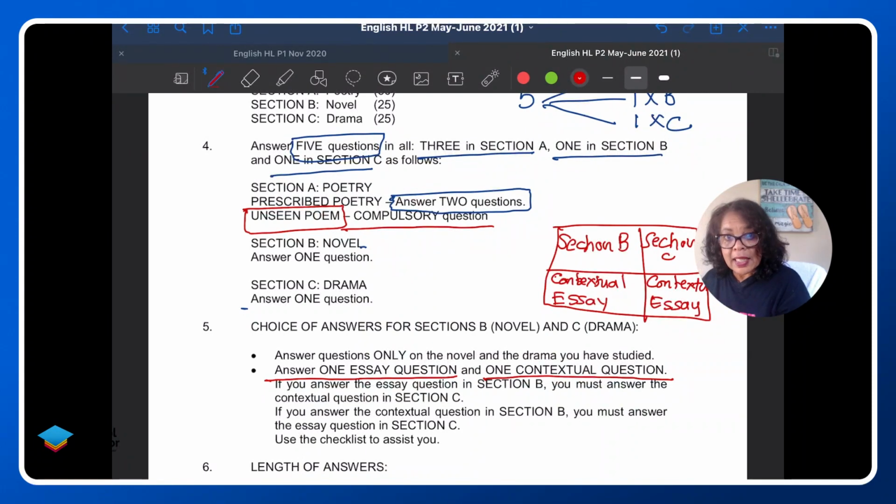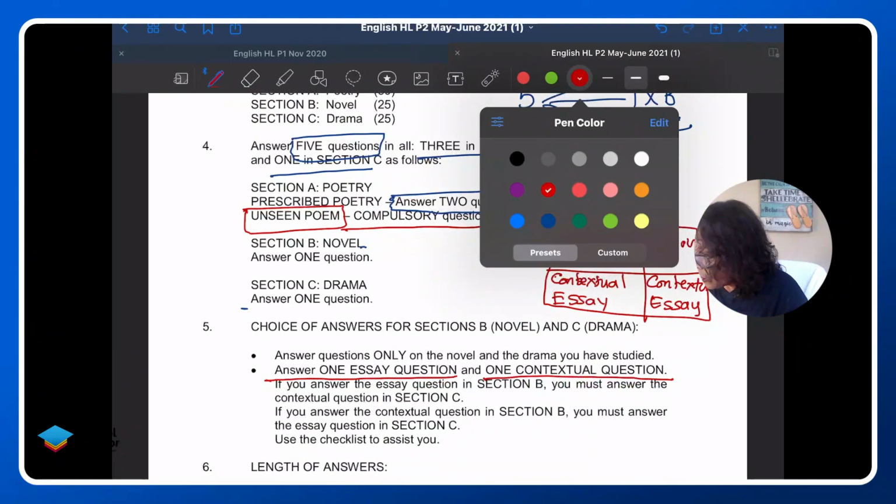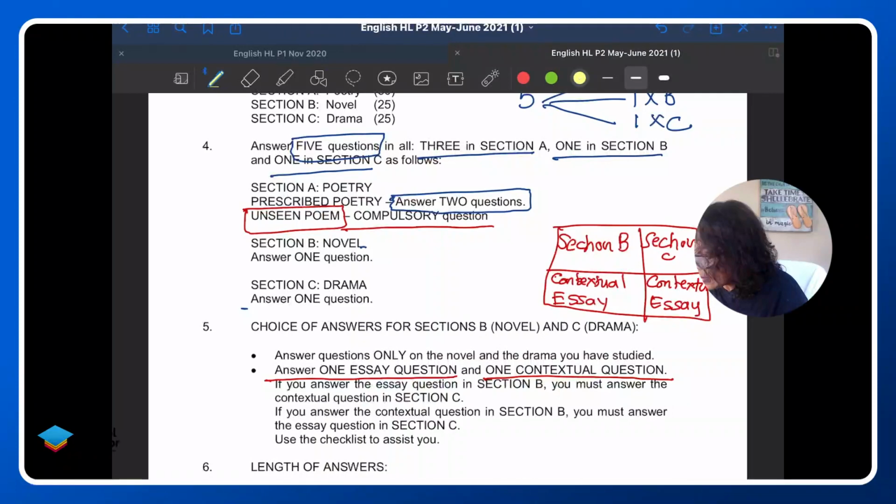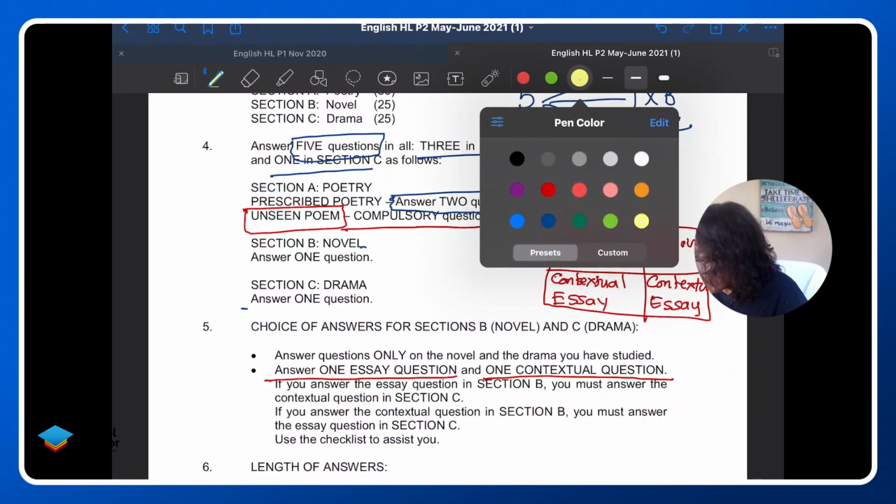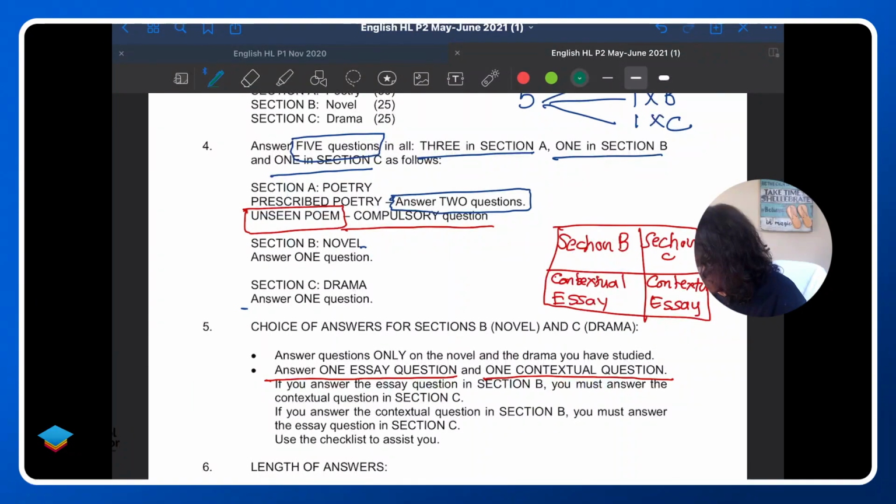The instruction says, and I'm just going to use a different color here, I hope I'm not confusing you, but let's say in section B, you decide I'm going to tackle the contextual question, the comprehension type questions in section B, right? So I'm going to do that one. So automatically, once you have made that choice, you must choose the essay question in section C. Can you see that?